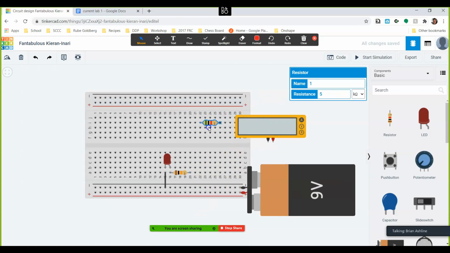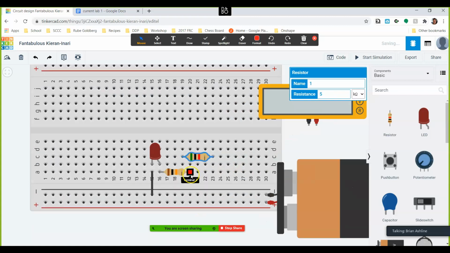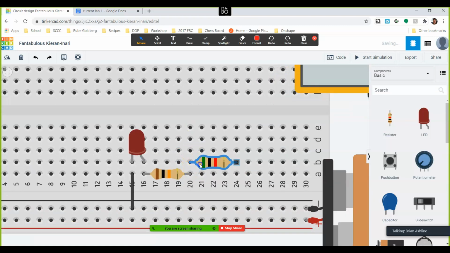We take our second resistor, which, once again, is not the right value resistor here, and anywhere within this row 20, whether it's 20E, 20D, 20C, 20B, doesn't really matter, there is an electrical connection between the first resistor and the second resistor.